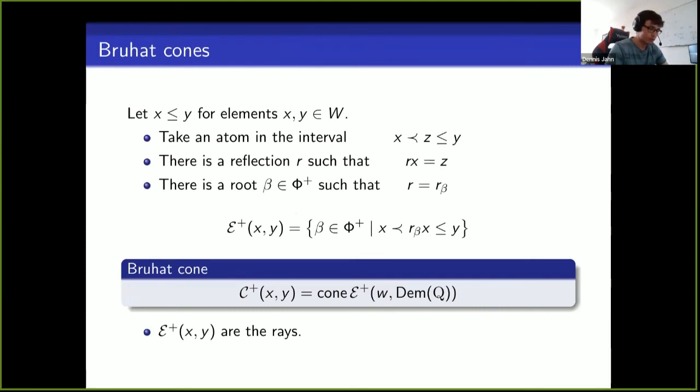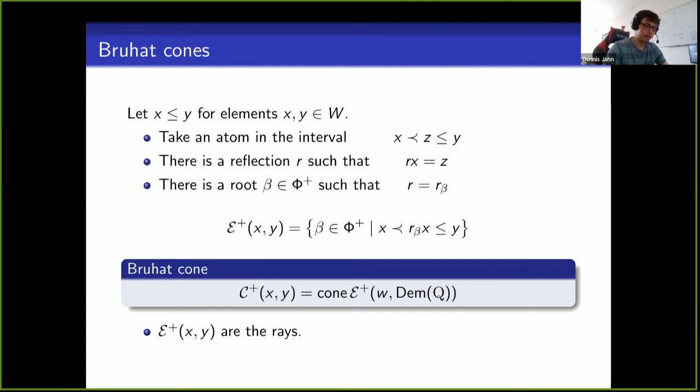Bruhat cones were first introduced by Dyer in 1994, I think. If we have an interval x less or equal to y, we consider an upper cover of x in Bruhat order. Such an upper cover corresponds to a reflection. So there is a reflection R such that Rx equals z.